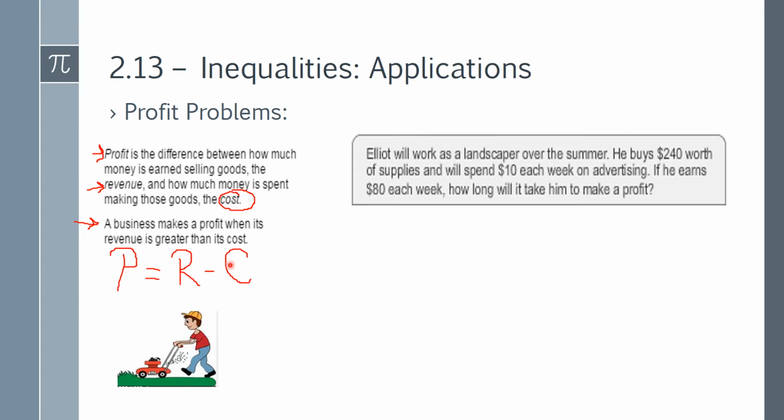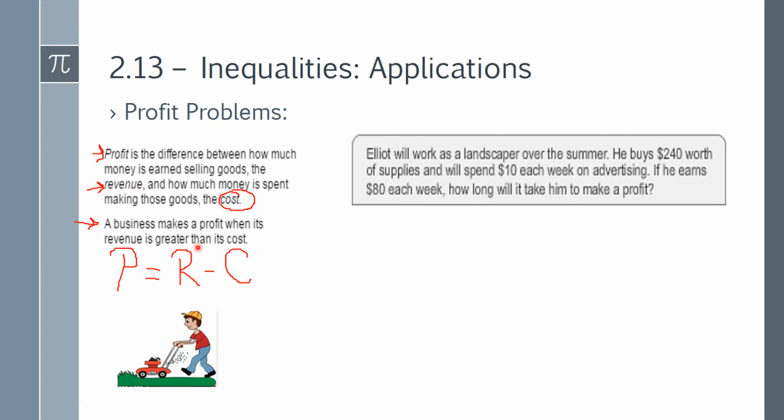If revenue is bigger than cost, then you're going to get a positive number. If your revenue is less than cost, for example, if it cost me $10 to get to their house, and they only paid me $5, I actually lost $5 in the deal. Not a great babysitting job.